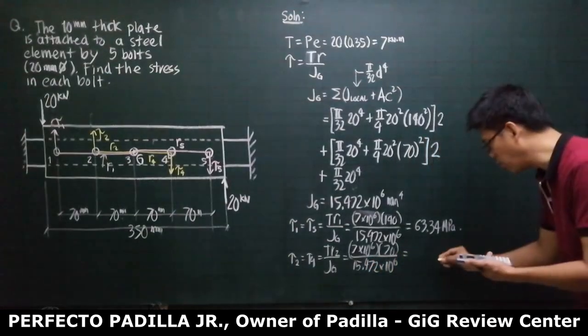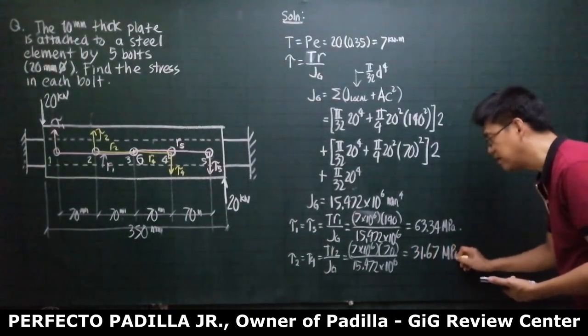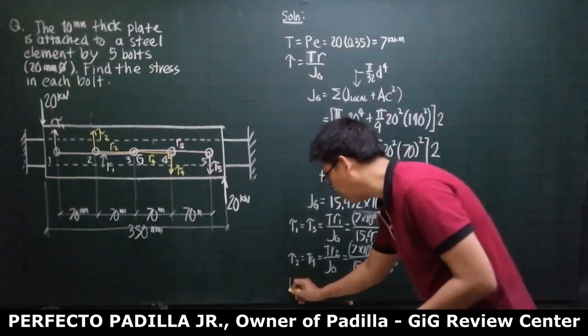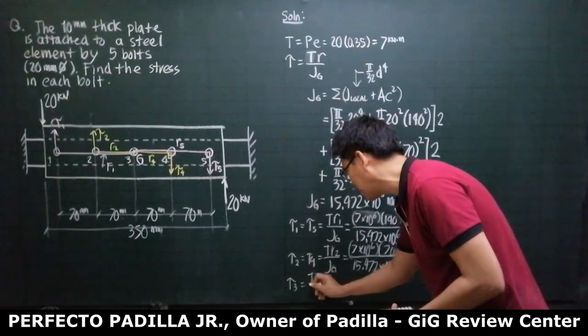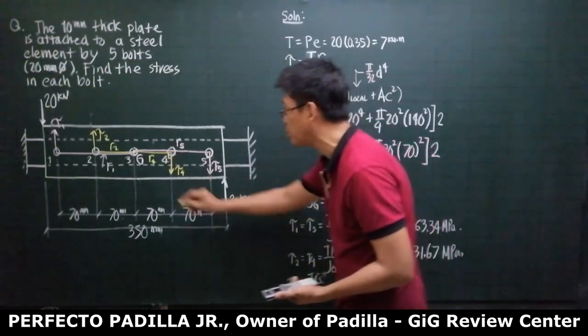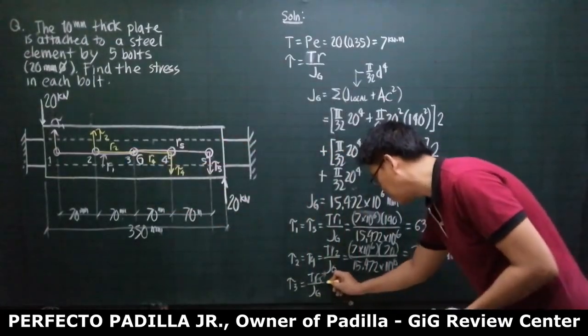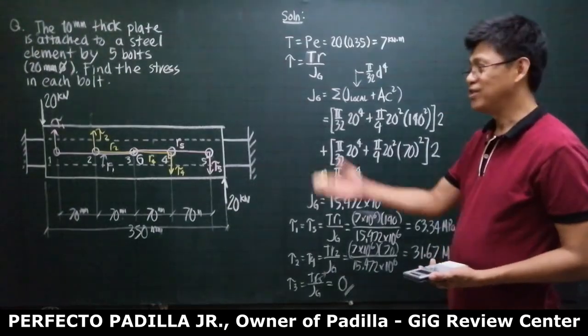And this is 31.67 MPa. While the tau in bolt 3, we say that this is TR3 over J global. Since its distance from the centroid is 0, so this must be 0. You follow? You get it?